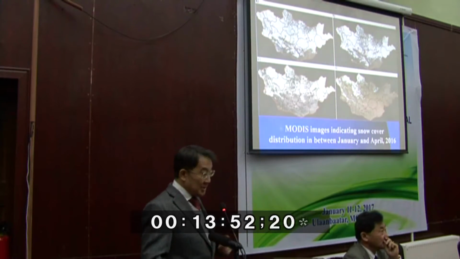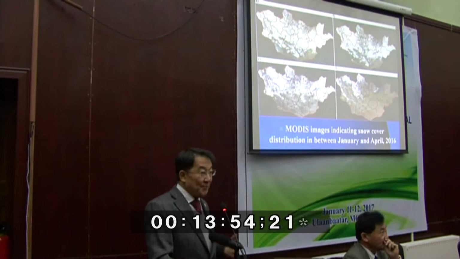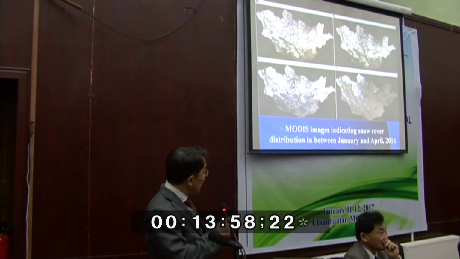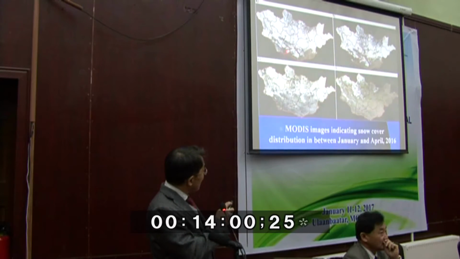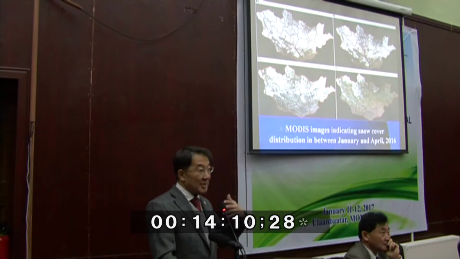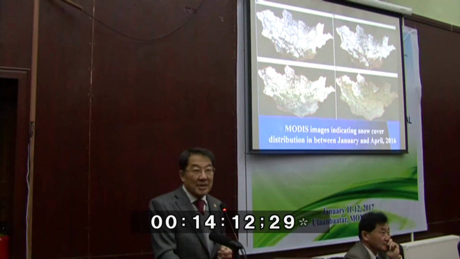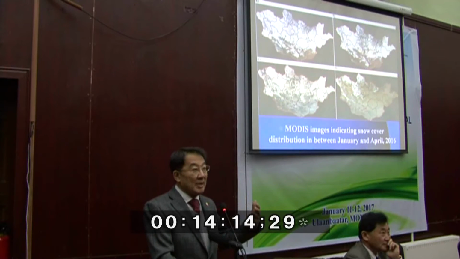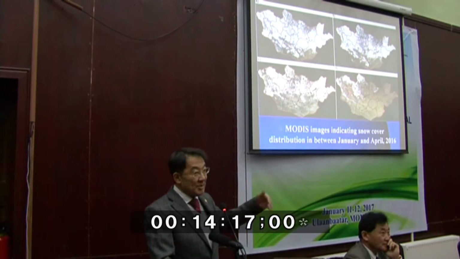MODIS images can also be efficiently used for snow cover monitoring. Here you can see snow cover images between January and April, for instance January, February, March, and April, and you can see how the snow cover has decreased from month to month.